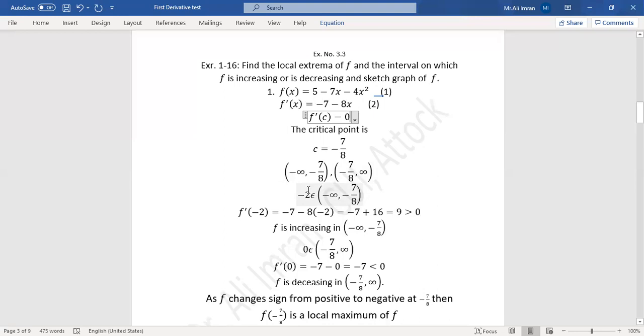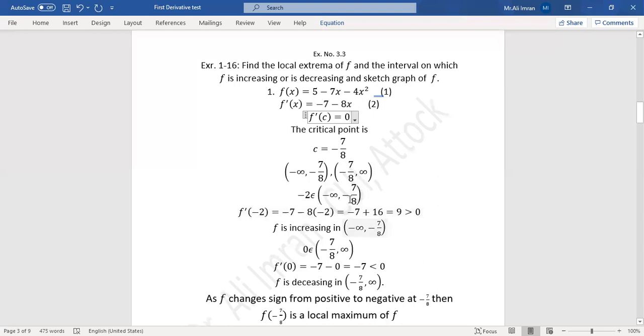All the values will result in the same behavior of the function. If we put minus 2 in the derivative, f prime of minus 2 is equal to minus 7 minus 8 into minus 2, which is minus 7 plus 16, equal to 9. And since the derivative is greater than 0, it means that f is increasing in the first interval.